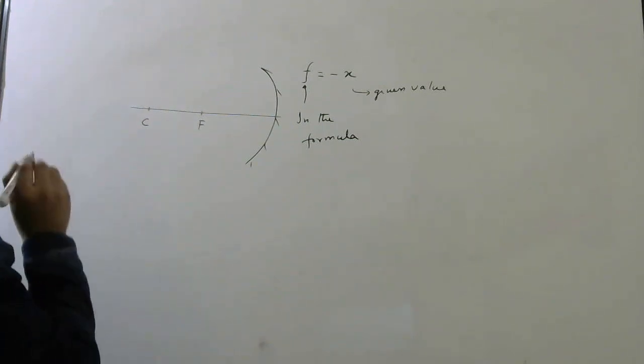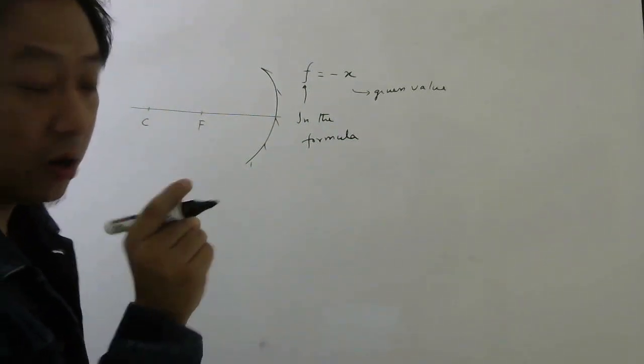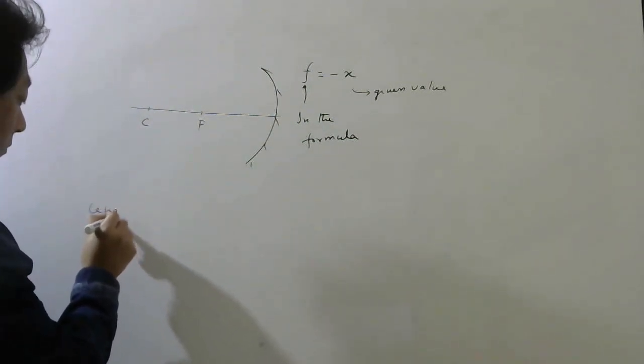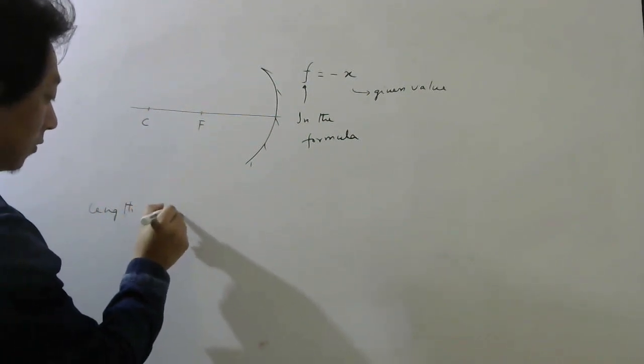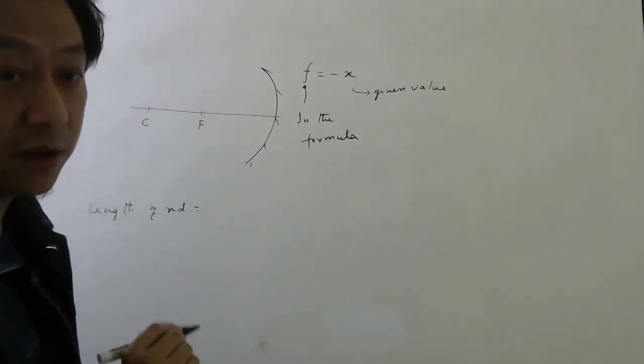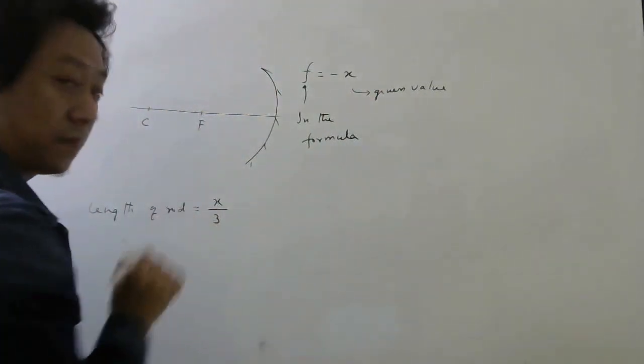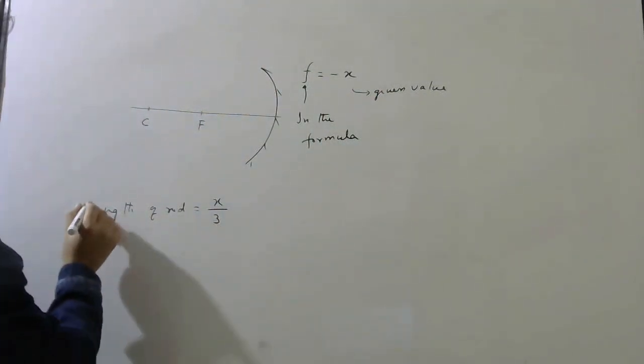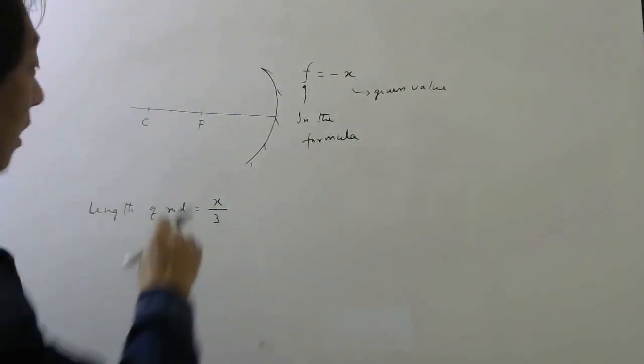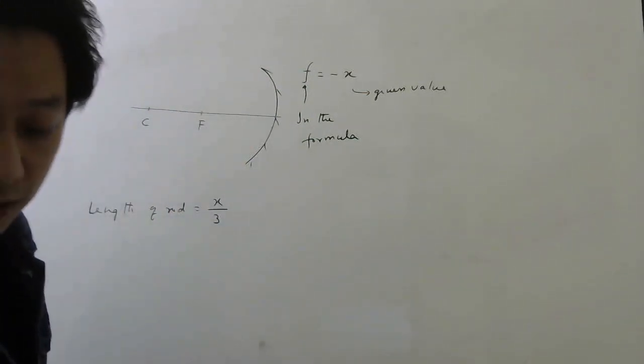Right. Now they are saying there is a rod, length of the rod is f by 3. So f here is x, no? So x by 3. Understood? So this is the length of the rod. Now where is it kept? Along the axis.